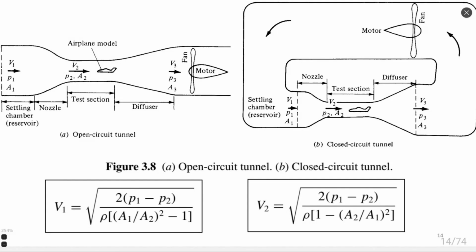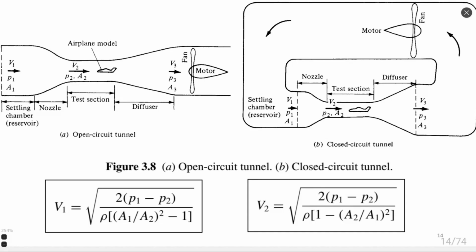It consists of a pipe of variable duct, and there is a fan at the end which accelerates the flow and creates some flow velocity. And there is a settling chamber which receives flow from outside, a nozzle which accelerates the flow, and a test section inside which we put the body to test.